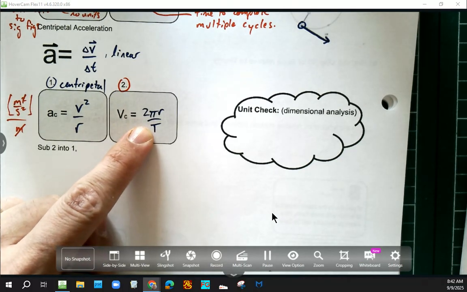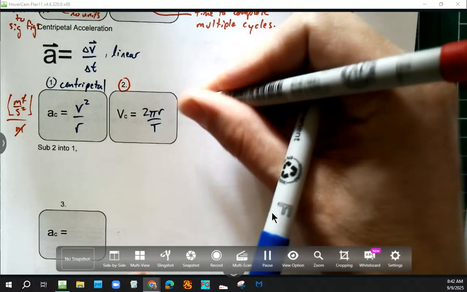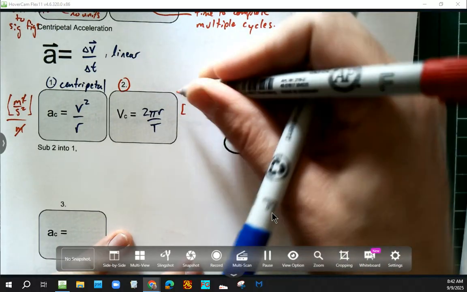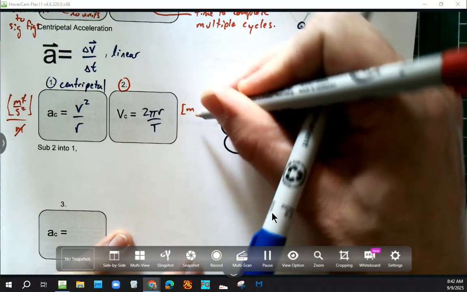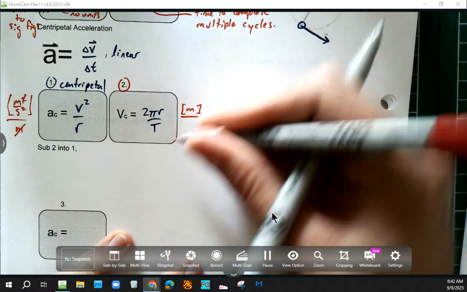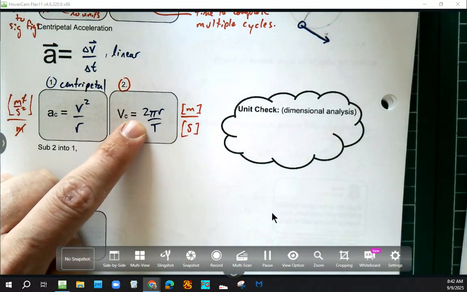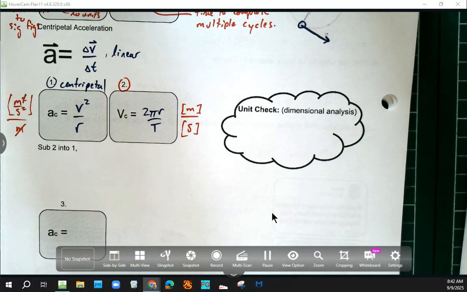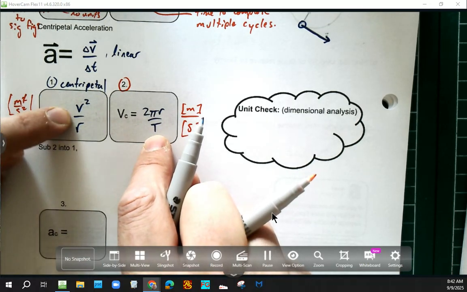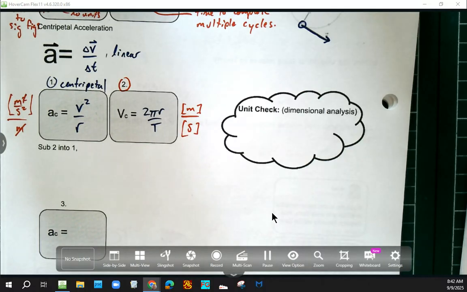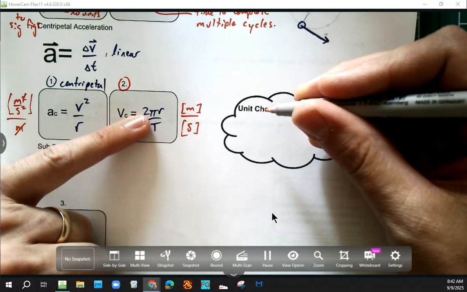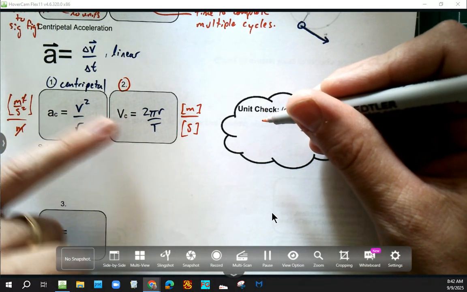If we look at the units on this one, again, just to make sure we're good with this, we've got meters per second, and the 2 pi doesn't contribute to the units at all, right? Because there's no units associated with pi. If you wanted to go even further and say, I want to sub this equation into this equation, oh my gosh, now we got a situation where the 2 pi r is going to be squared.